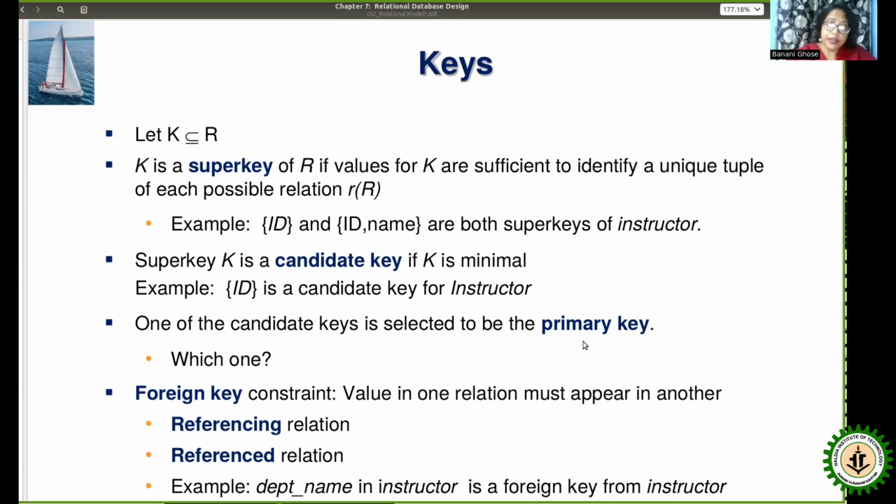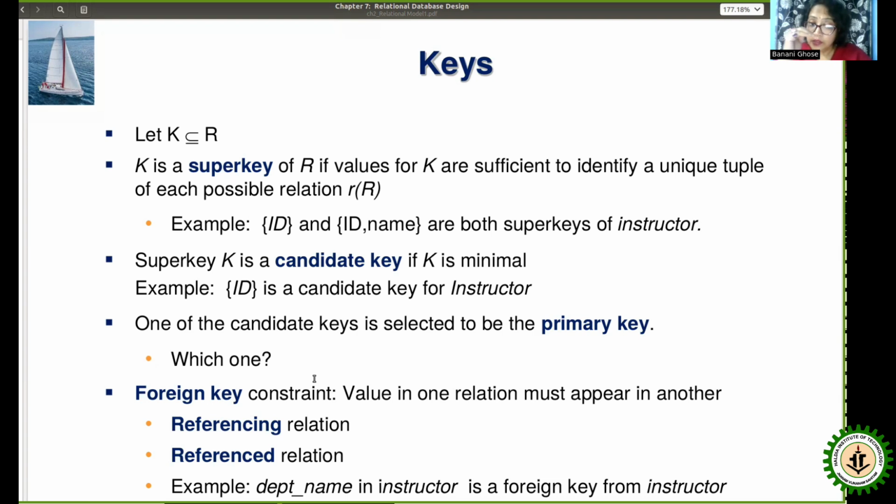Now coming to the foreign key constraint. Why is it called constraint? Constraint means a particular row or a particular column, that is the attribute value, is having some set of rules applied to it. For that it is going to be special. So what is foreign key? In case of foreign key, one table will be having it as a simple field, and in another table it is going to be the primary key.